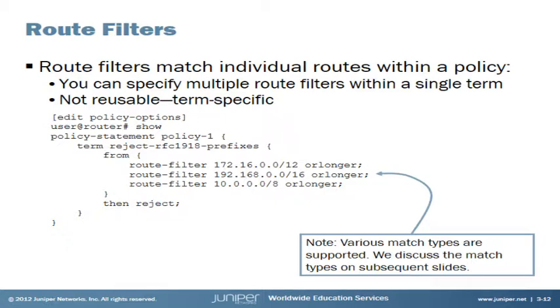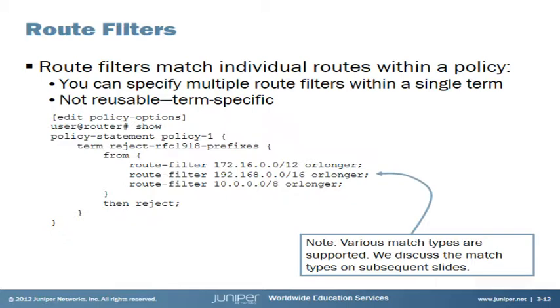So essentially, if I were to create this term here and say term reject RFC 1918 prefixes, and then say from route filter 172.16.0.0/12 or longer, I'm going to reject that. I'm going to reject this one. I'm going to reject the last one as well.